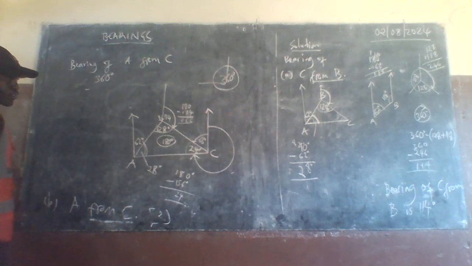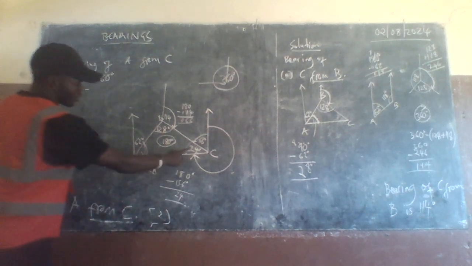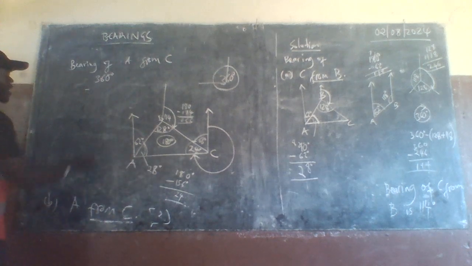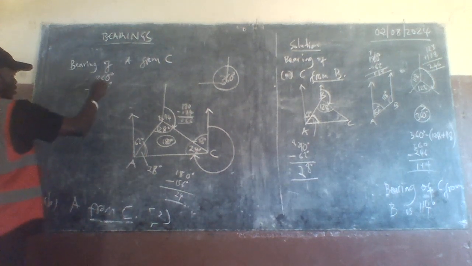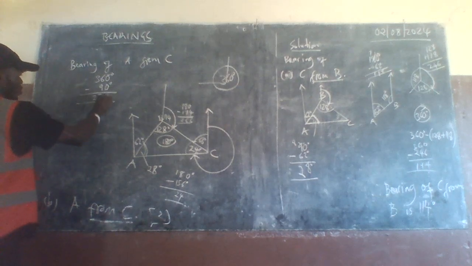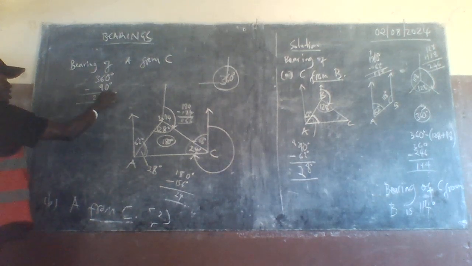So as it looks, 66 plus 4 is 70. 70 plus 20 will give us 90. When we do the subtraction, we get 270 degrees.